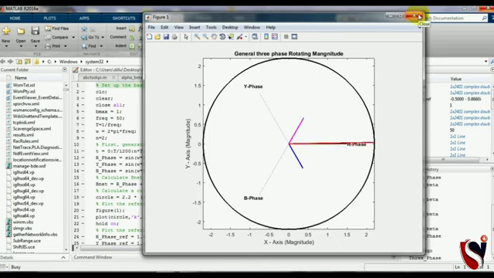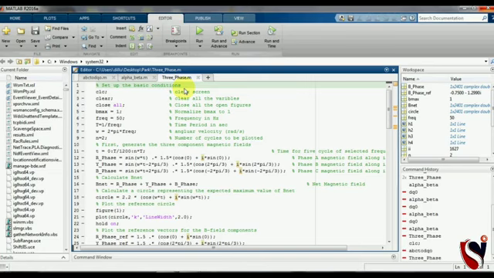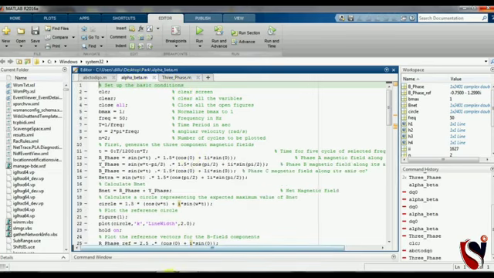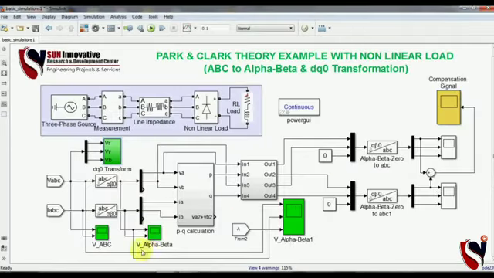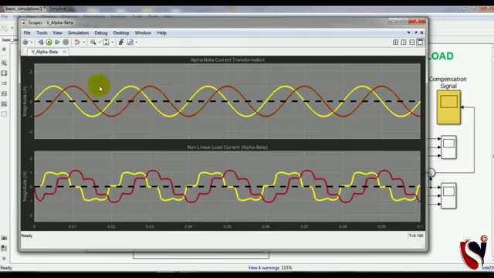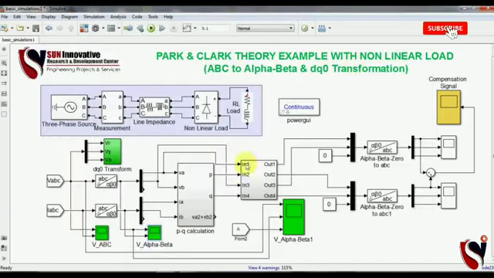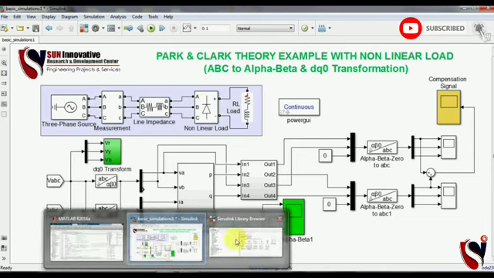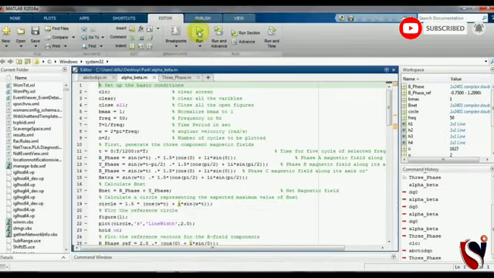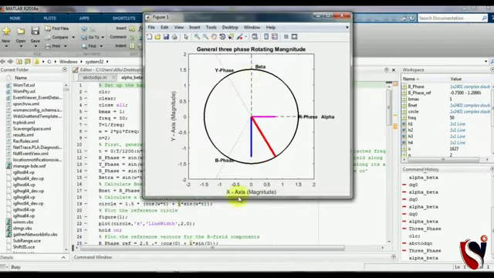And next, once this 3-phase system is converted to alpha beta, you have to remember, for simplicity I will show you again what alpha beta is. Alpha beta means 3-phase to 2-phase system. Let me show you the phasor diagram for this. You can see here the 2-phase, R phase and B phase.